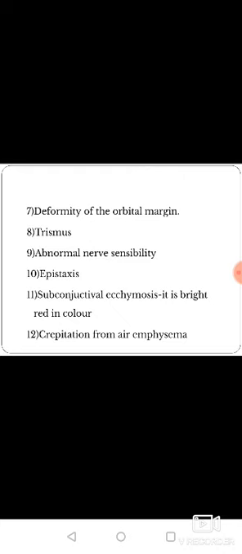Crepitation from air emphysema. Again, as I told you, there is always crepitation because emphysema is nothing but air that is being released. Usually when you breathe in and breathe out, the air goes through the sinus, right? It gets humidified there.